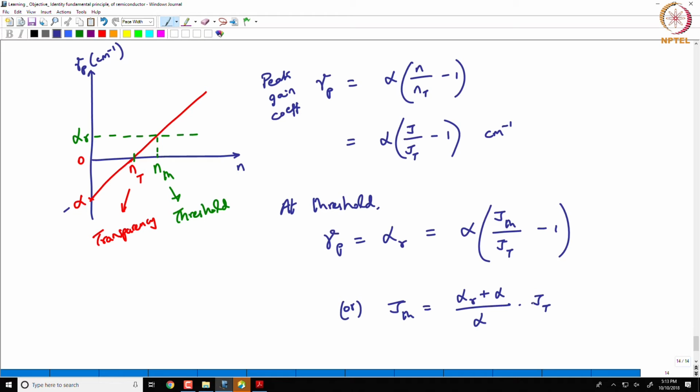So, the threshold current density is greater than or equal to the transparency current density, because you need extra current injected to overcome the losses in the cavity, right. And how much extra is determined by this factor alpha r over alpha: the resonator losses compared to the loss in the material itself, the absorption in the material.